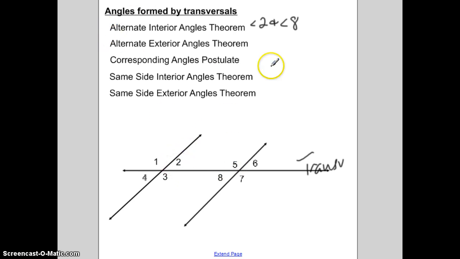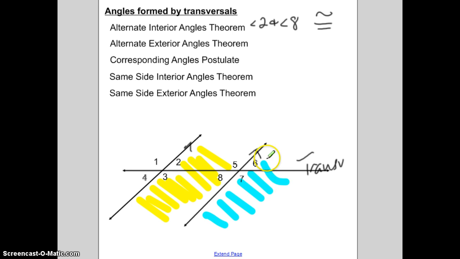Alternate interior angles you should know are congruent, as long as this line is parallel to this line. If it's not parallel, then that can't be true. Examples are 2 and 8. This is all the interior. Let me highlight. This yellow part is the interior. This light blue part is exterior.